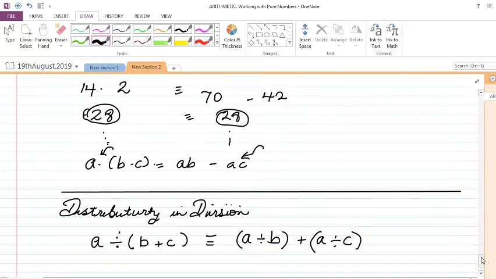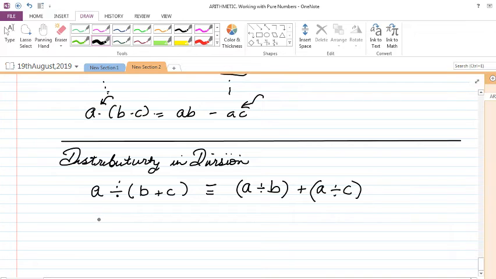If we could find one example that causes two things not to be the same, then automatically we know that you cannot say division is distributive over addition and or subtraction. Right? So let's try some numbers now. Let's say A is 100, and 100 divided by 15 plus 5.